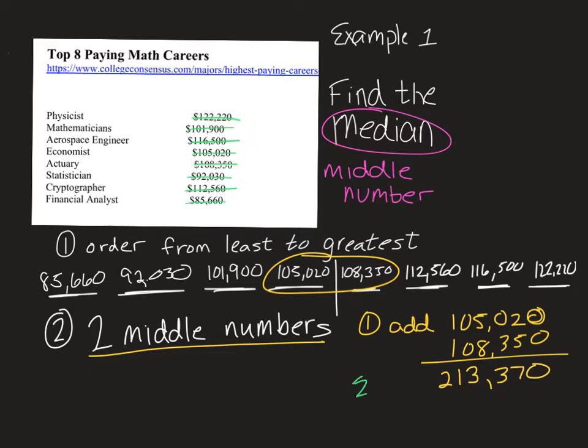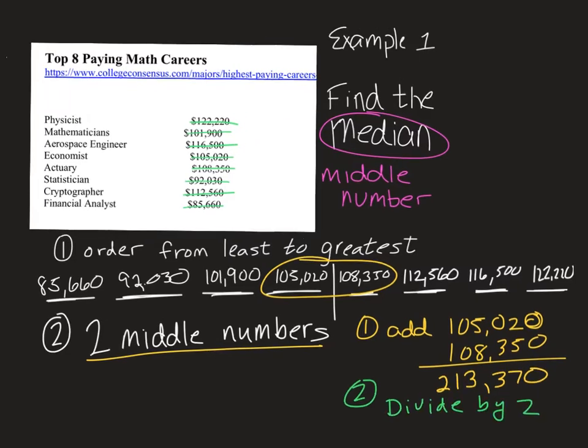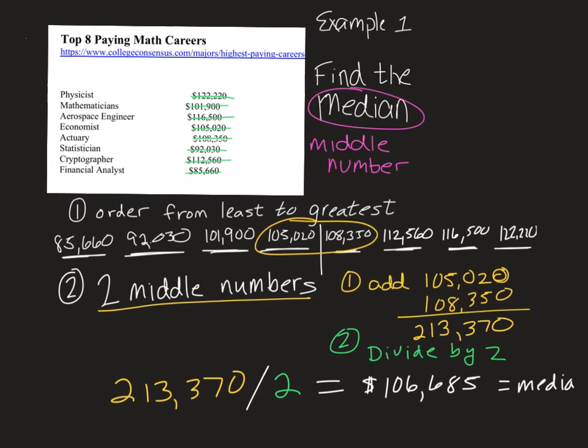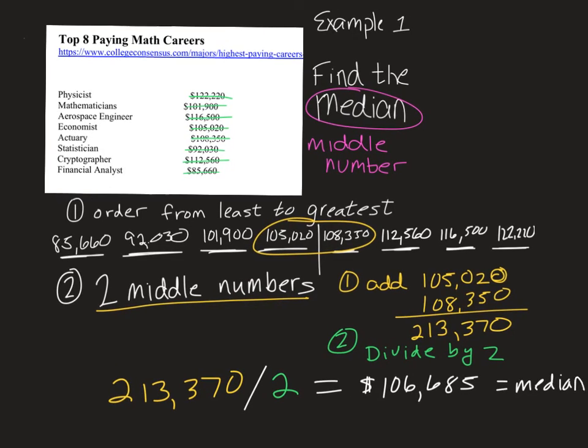Step 2, we're going to divide by 2. So if I take those two numbers, add them together, divide by 2, that gives me $106,685. So just your middle of the road of the highly paid math careers is over $106,000. So that's pretty good, huh?